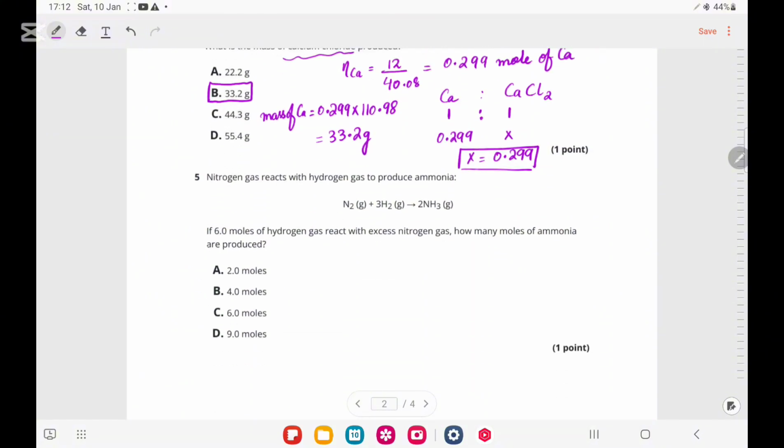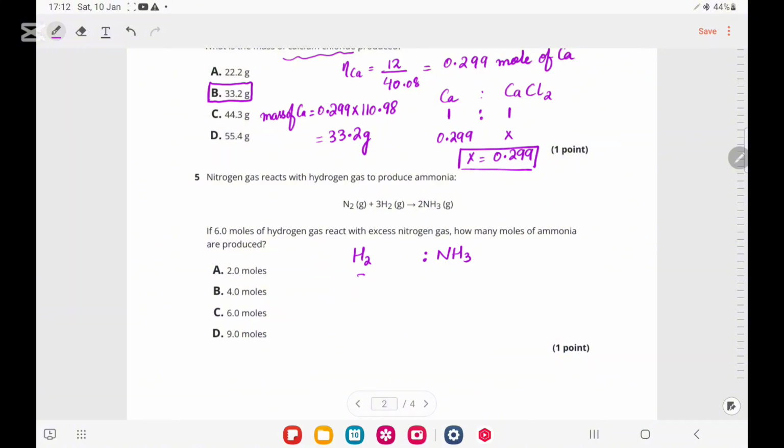In the next question, they say nitrogen gas reacts with hydrogen gas to produce ammonia. So if 6 grams of hydrogen gas reacts with excess nitrogen gas, how many moles of ammonia are produced? So we need to find the moles of ammonia, and we are given the moles of hydrogen there.